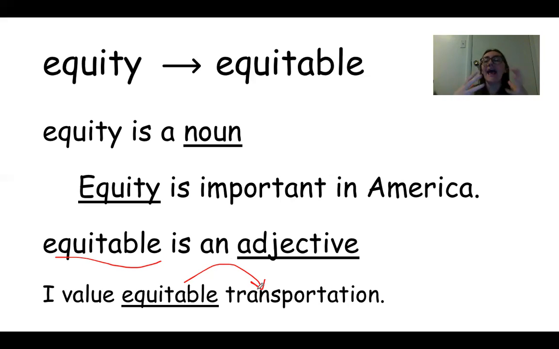But when you say equitable, you're changing how people see this word transportation. You see the transportation as equitable, something that can be accessed by other people, no matter who they are, how much money they have, or what their abilities are.